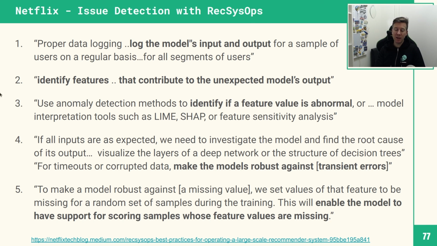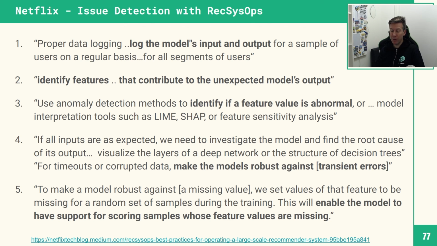Second thing that they said was that you should identify features that contributed to the unexpected model's output. So if you have an anomaly detected in your monitoring system, wouldn't it be great if you had some feature importance? It could be SHAP, it could be LIME, that will help you identify what the feature was that contributed to the unexpected model output.